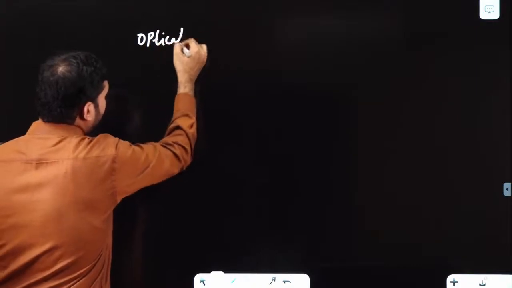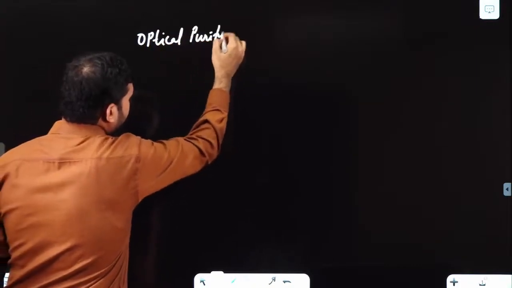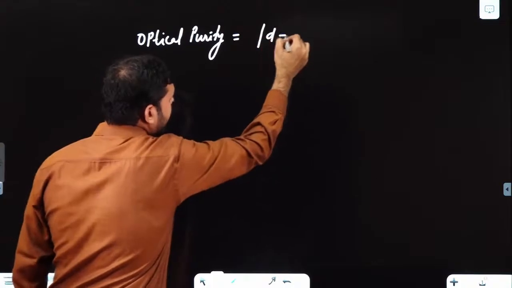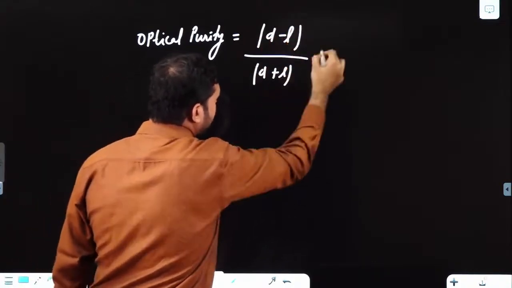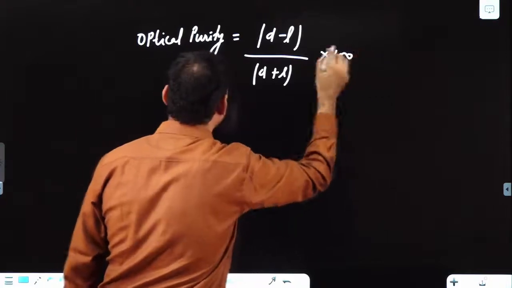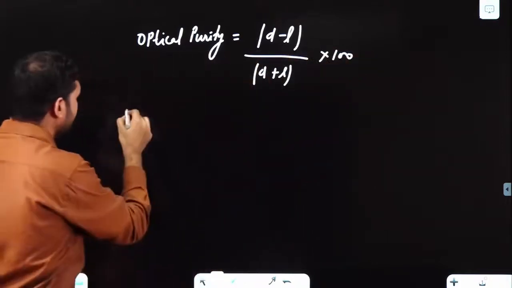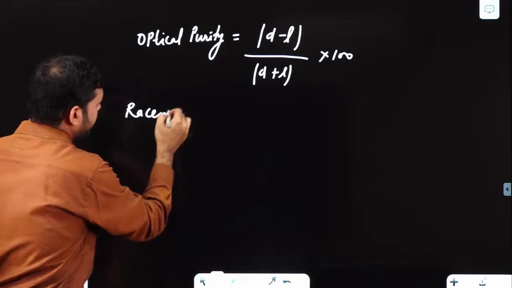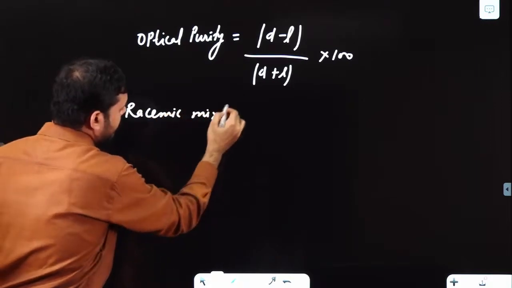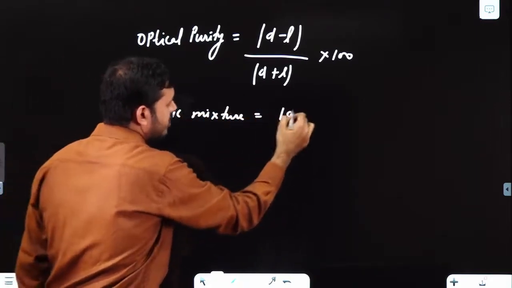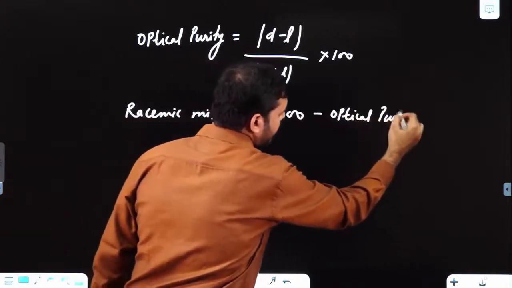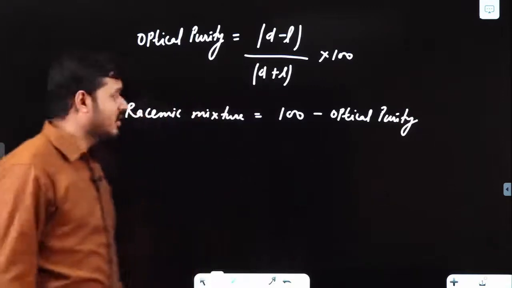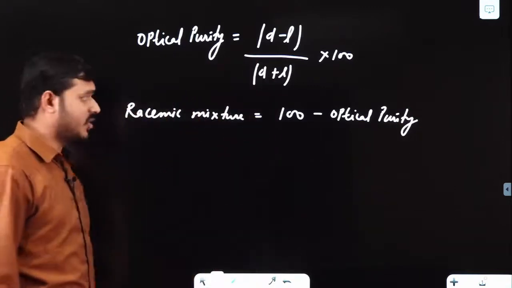Now, optical purity can be D minus L upon D plus L into 100%. Then I can say racemic mixture equals 100 minus optical purity. Clear? Racemic mixture percentage will be 100 minus optical purity percentage.